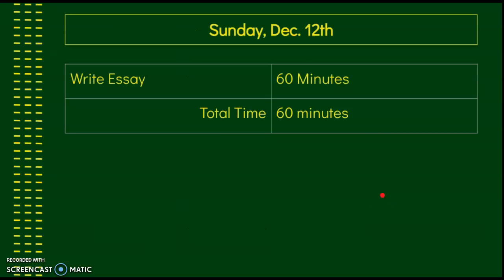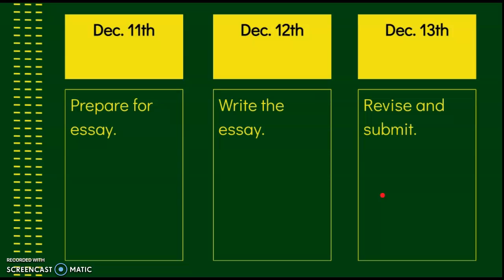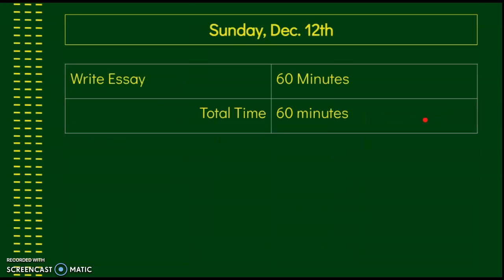So let me just go over this again. If you're planning on doing it over 3 days, you want to prepare for the essay on December 11th, looking for quotes and figuring out your thesis statement. You're writing the essay on the 12th, and then you're doing some mild revision on the 13th, looking at sentence syntax, grammar, and sentence clarity.